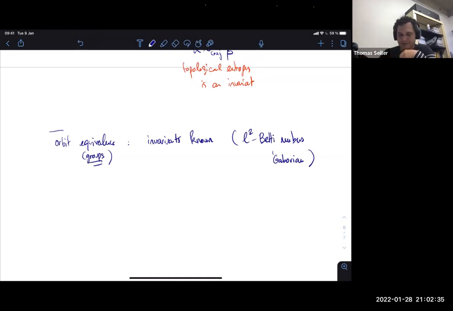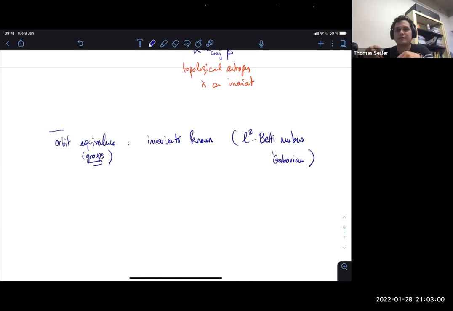I think in '72, Atiyah came up with the idea that instead of looking at the homology group, you generate a von Neumann algebra from it. In von Neumann algebras, you have a notion of relative dimension. So even when the dimension of the group is infinite, you might get a finite number corresponding to it.